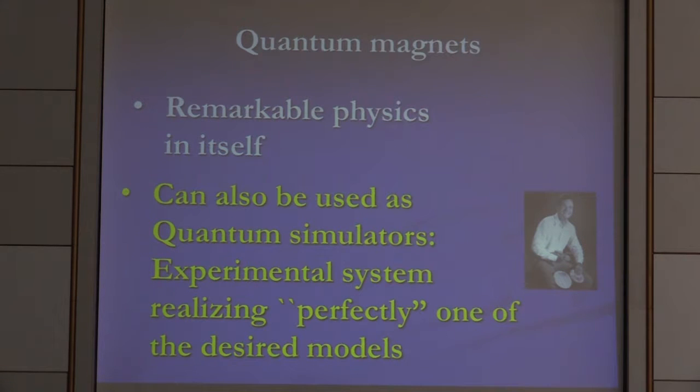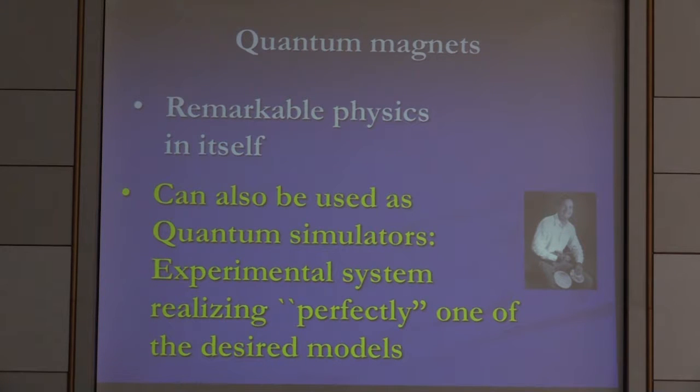So you would like an experimental situation, which is as exact a realization as can be of one of your desired models, like the Heisenberg model, the Hubbard model, the Bose Hubbard model, all these caricatures, and so on and so forth.